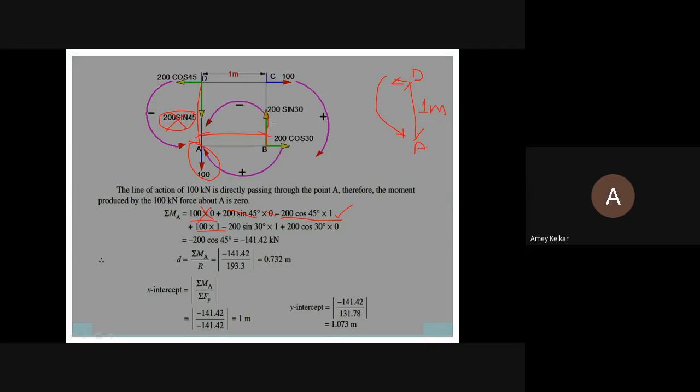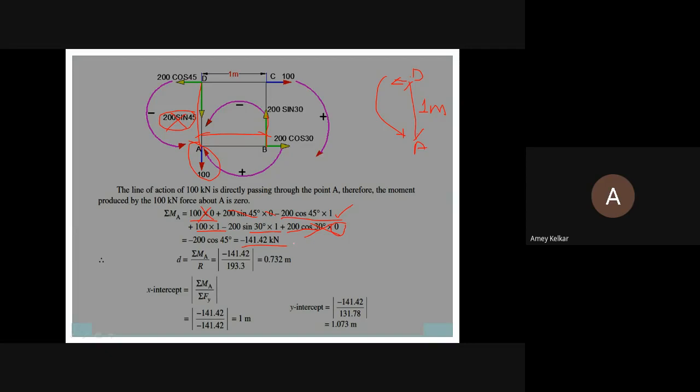Again 200 sine 30 into 1. And this is anti-clockwise, minus. The last force, by mistake you may take 200 cos 30, but again the distance becomes 0, so that will not have any part to play. When you calculate, you'll get the moment as minus 141.42.